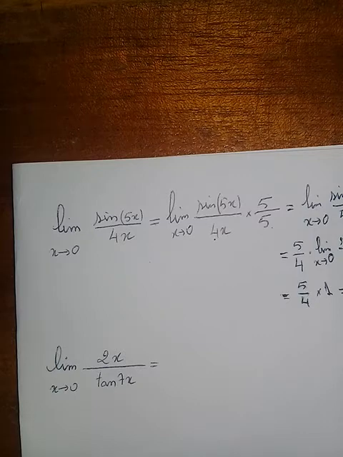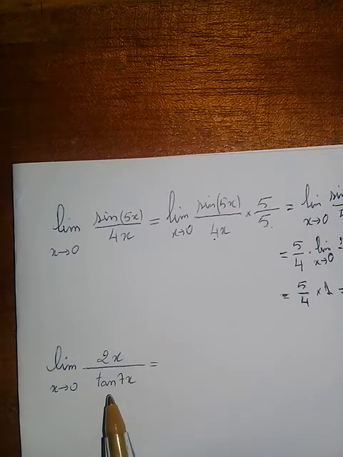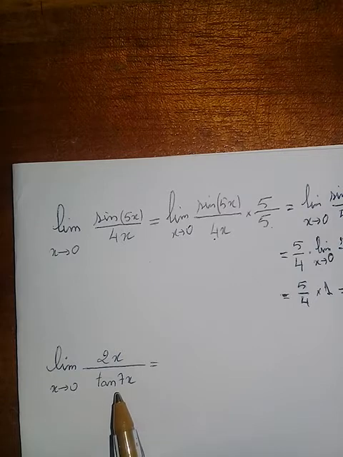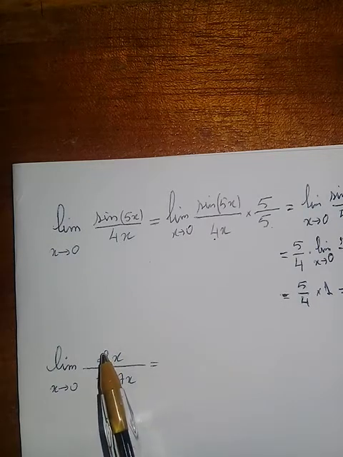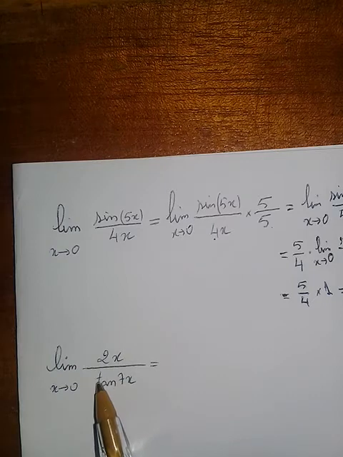The second one, we have the limit of 2x over tan 7x. If we had here 7x, it would have been easier, but we can multiply by 7 and divide by 7.